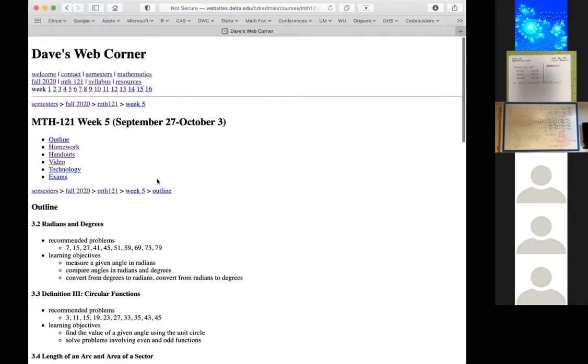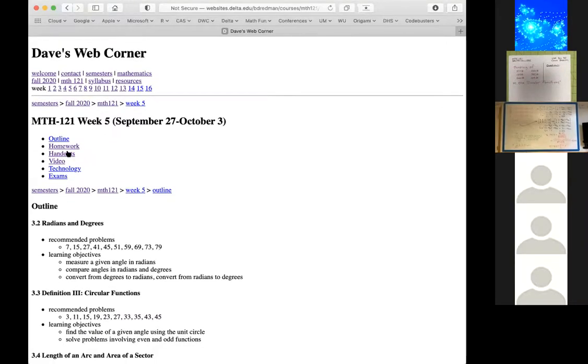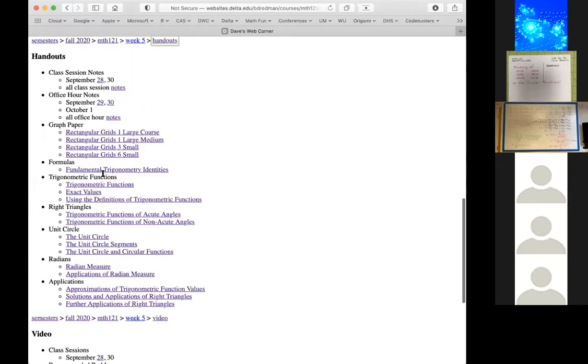I did revise our formula sheet, and let's start by showing you that. So I'm going to go to my website and share my website page with you. We're in week 5 right here under handouts. It says still fundamental trigonometry identities, but I added a lot of identities to that.